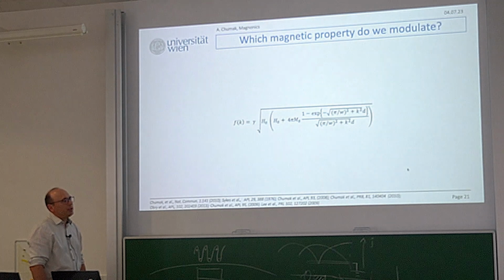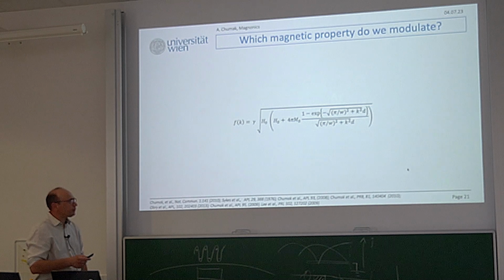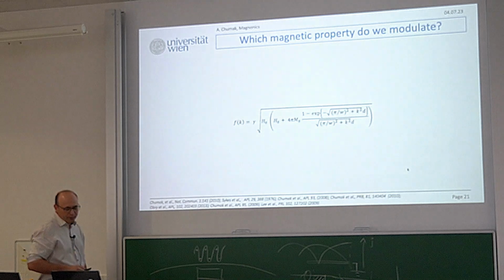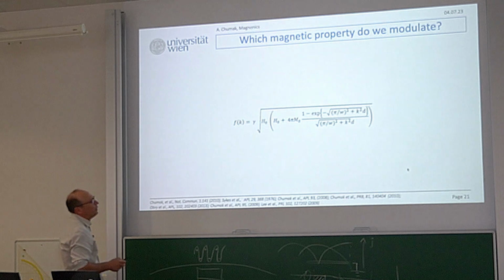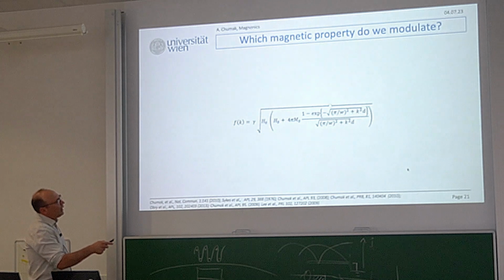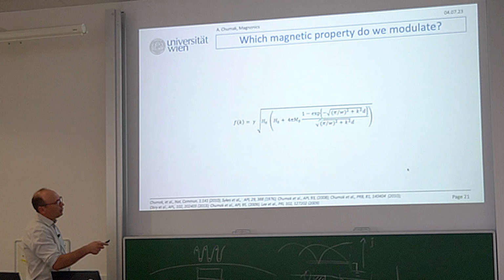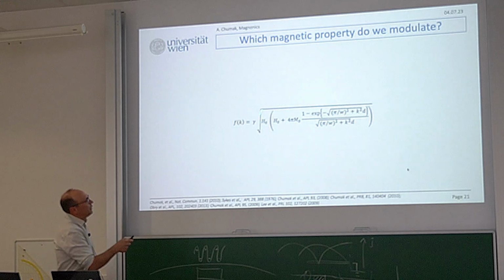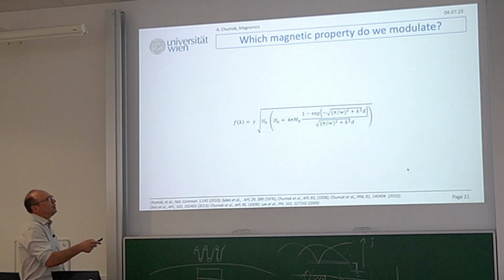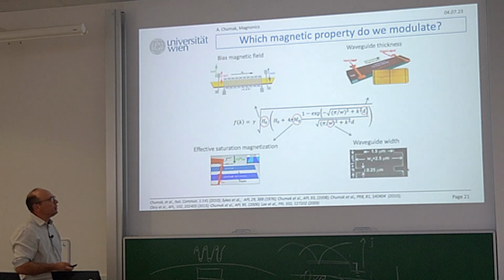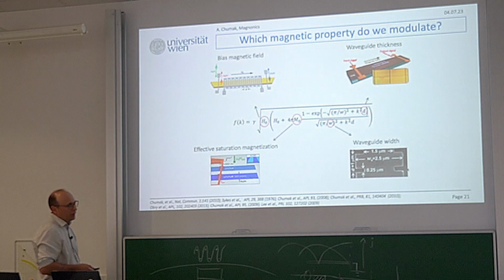In this sense, magnonic crystals have advantages, because in the simplest formula, which we used before when we discussed magnetostatic waves, I think this backward volume, and here additionally taking into account the quantization over the width, so here's the width, you have many parameters: applied magnetic field, magnetization, width of your waveguide, and thickness of your waveguide. And in principle, we have shown that you can modulate all these parameters in order to get magnonic crystals.